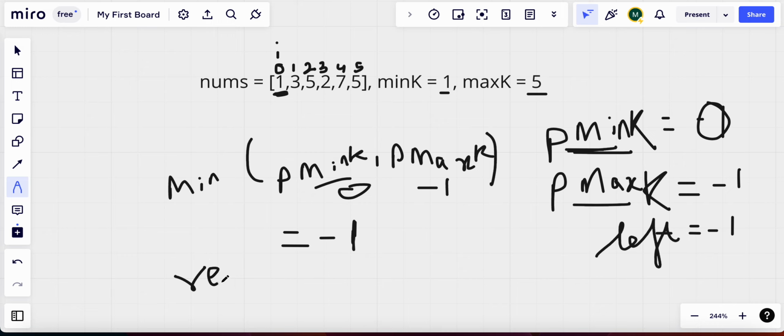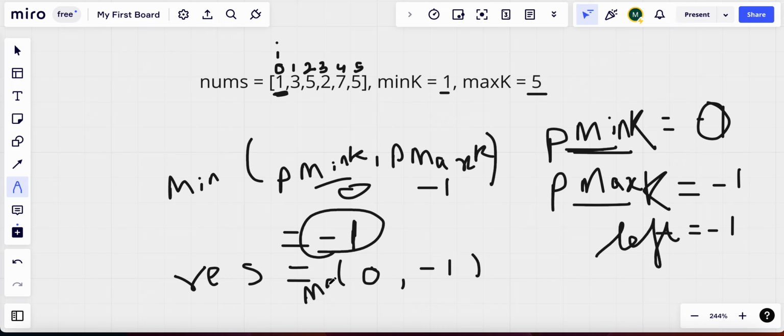To update our result, we are going to take the value 0 comma the max of these two values. So we are actually only adding a positive number to our result. So if this number is positive, we add that to our result, but since it's negative, we don't add it to our result. So now we increment the value of I.